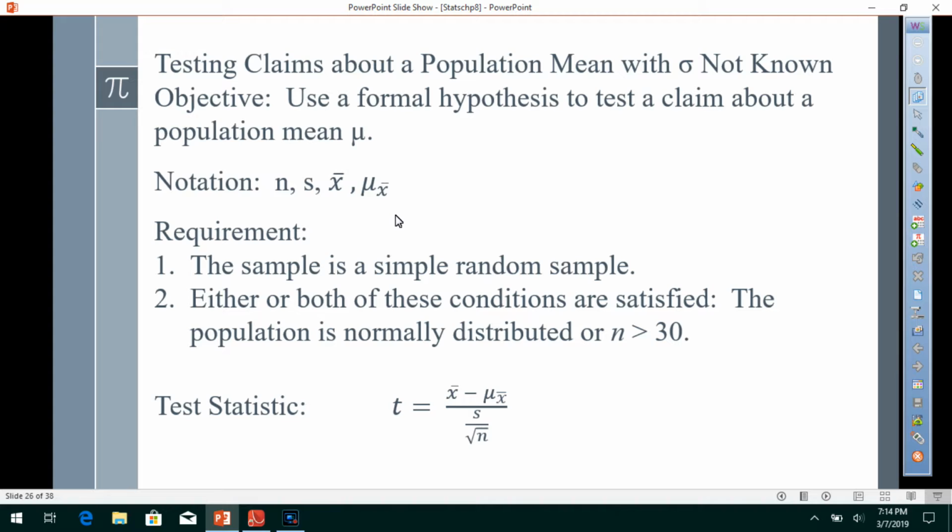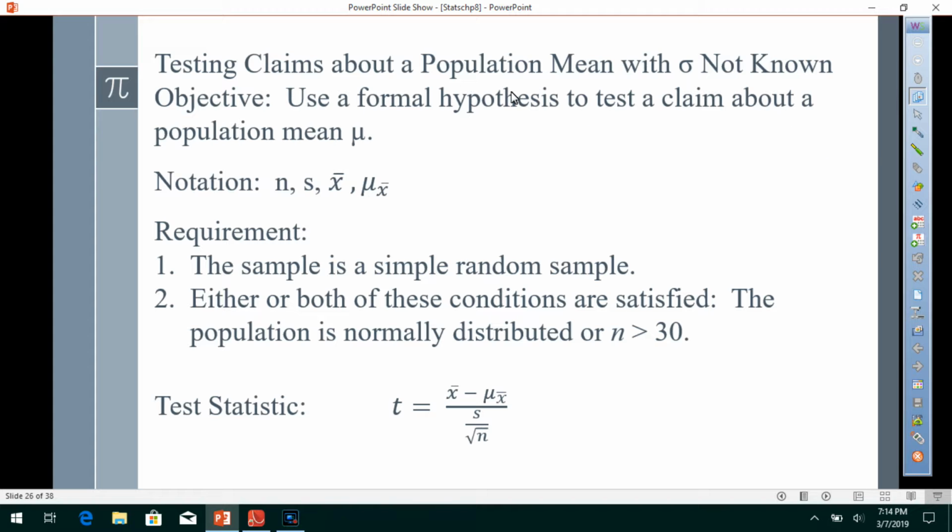Testing claims about a population mean with sigma not known, which is the way you will find it most times. Objective: use a formal hypothesis test to test a claim about a population mean.